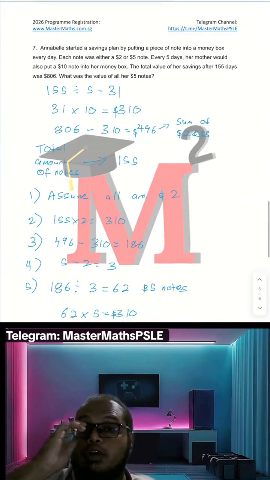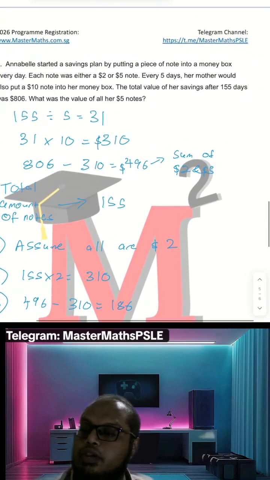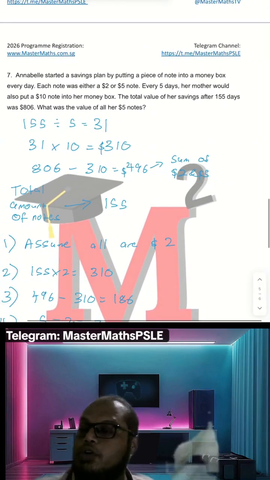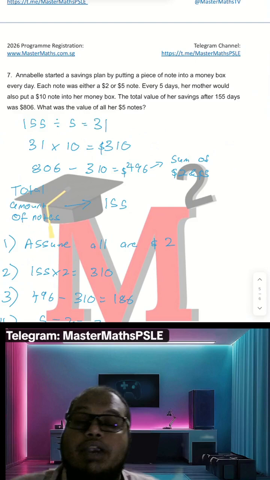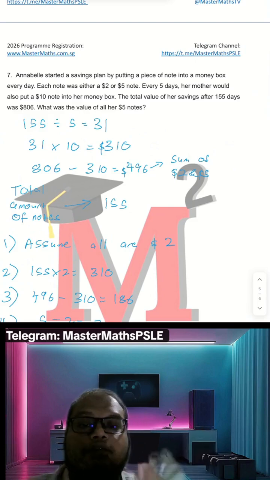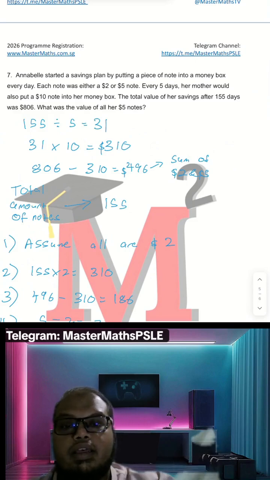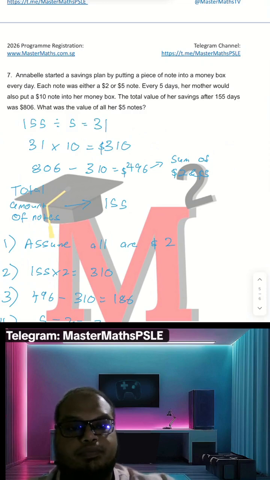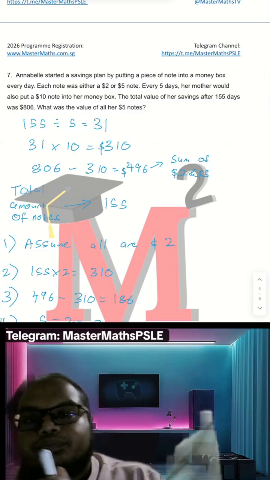Now let's go through the one from the back, the one about the $2 and $5 notes. There were 155 days. Because it's every 5 days, he will get that $10. So let's see how many $10 notes there are.